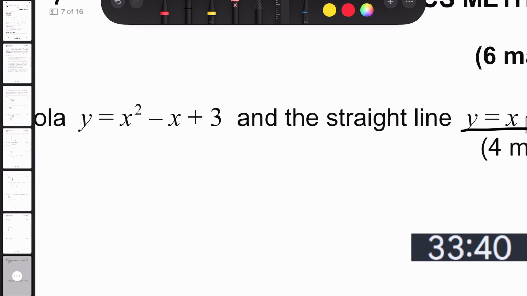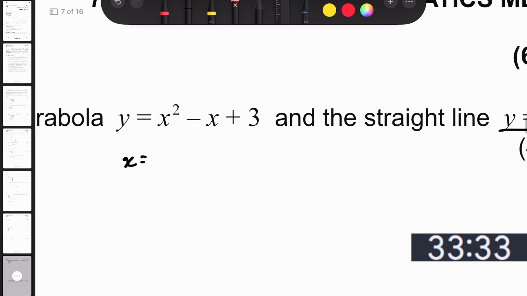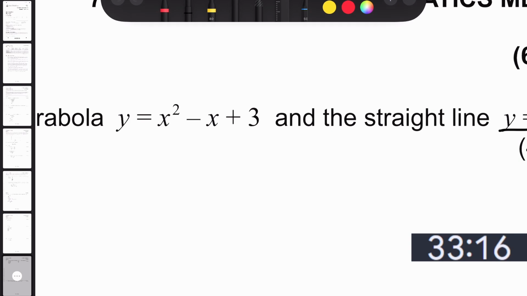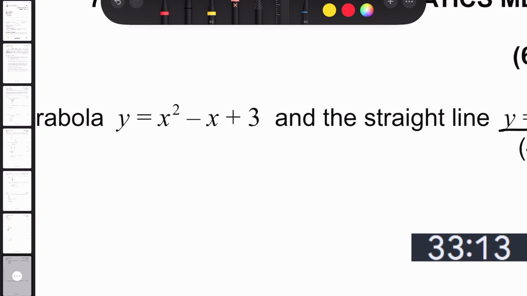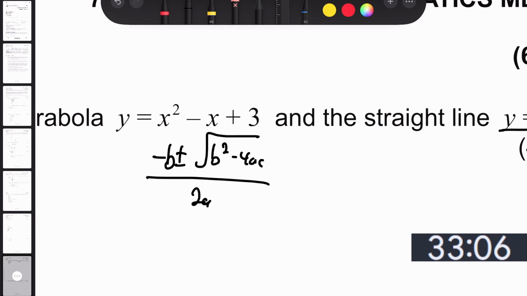Why can't I think of the midpoint of this? So -b plus or minus the square root of b squared minus 4ac, over 2a.